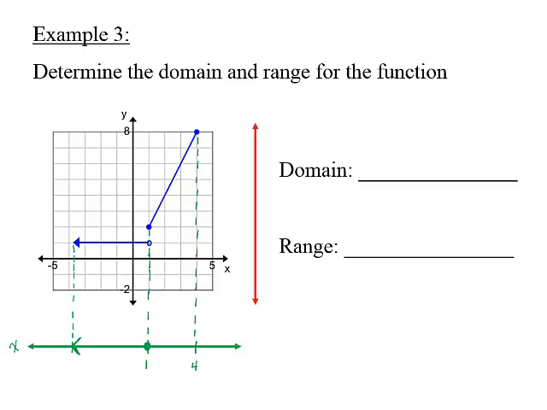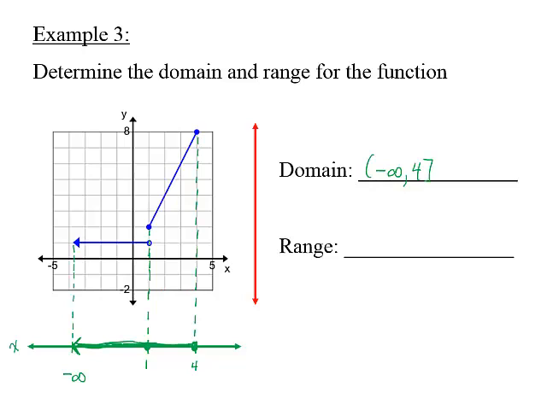And it's closed on the graph, so I'm going to put a closed circle down here. So notice that everything between negative infinity to 1 is also included, and it stops up at the value of 4. So my domain is from negative infinity to 4.